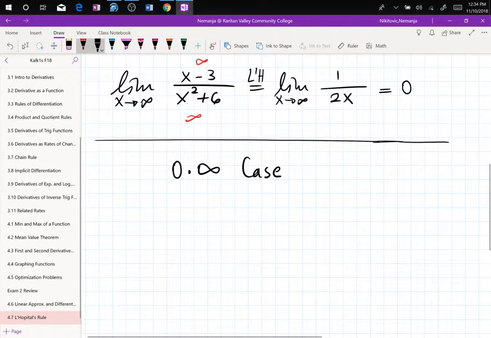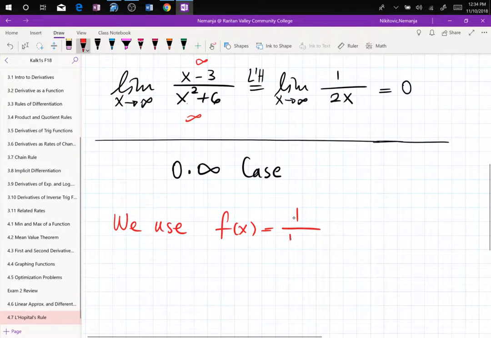Now we use f of x is equal to 1 over 1 over f of x. So we use this algebraic trick.